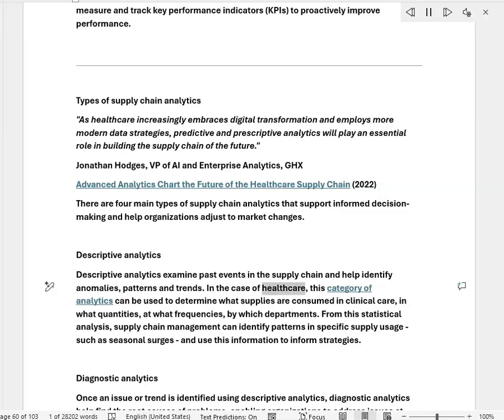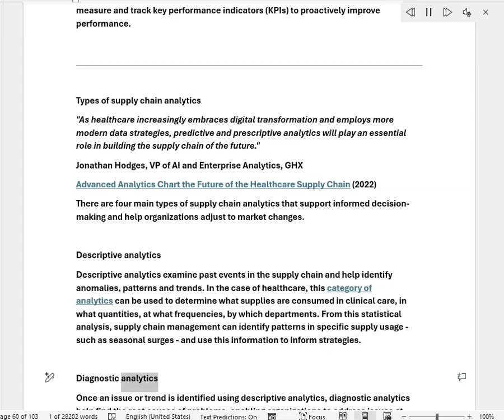In the case of healthcare, this category of analytics can be used to determine what supplies are consumed in clinical care, in what quantities, at what frequencies, by which departments. From this statistical analysis, supply chain management can identify patterns in specific supply usage, such as seasonal surges, and use this information to inform strategies.